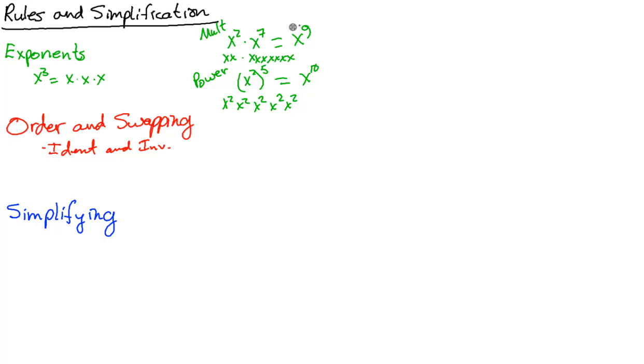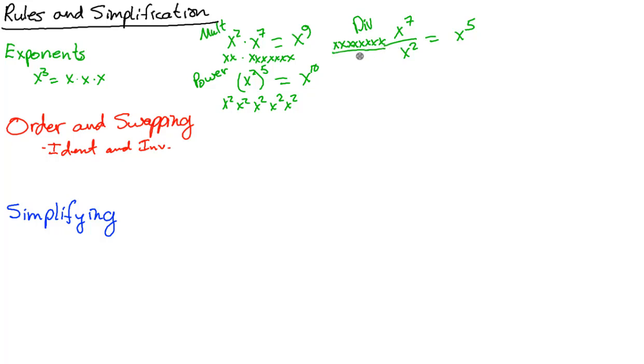There's the power rule. Now, if we go the other way, say x to the 7th over x squared. If multiplication led to addition of exponents, division is going to lead to subtraction. We're going to get an x to the 5th out of that, but let's do slow motion again. We have 7 x's, all timesing each other on top. 1, 2, 3, 4, 5, 6, 7 of them.